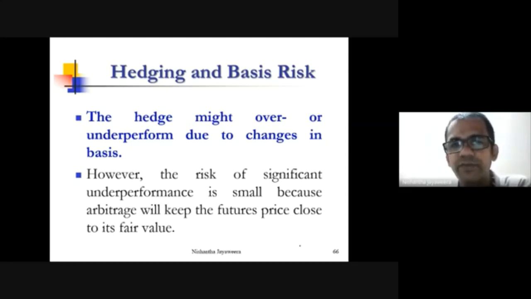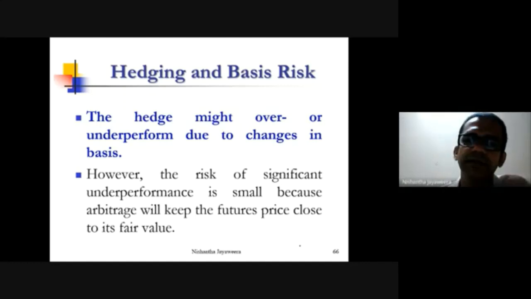What do you mean by underperform? You make a loss just because of this change in the basis. However, as I mentioned at the beginning, the change in basis is small compared to the market price. So whether you make a profit or loss, it would be very small compared to a possible profit or loss that you could have made if you kept your position unhedged.